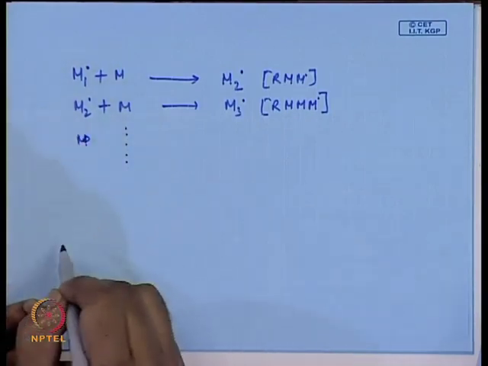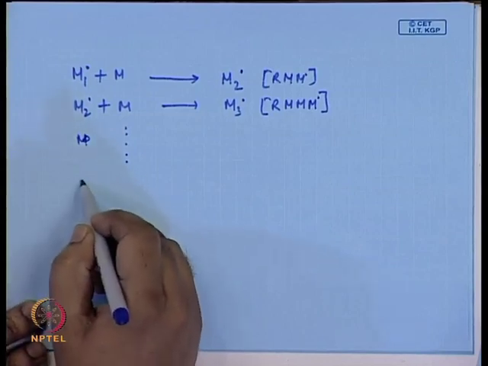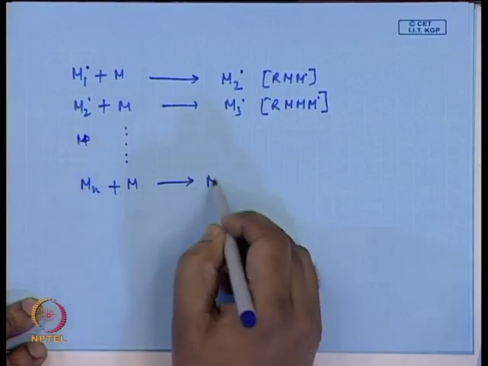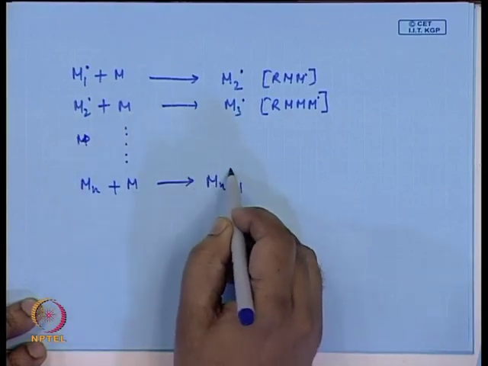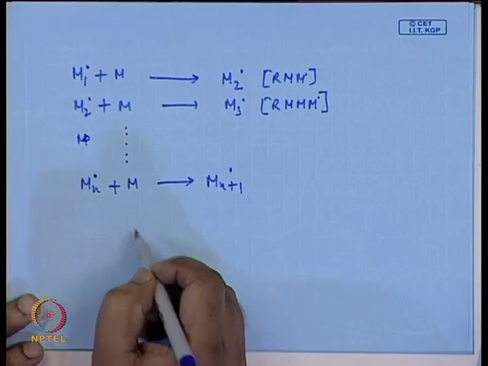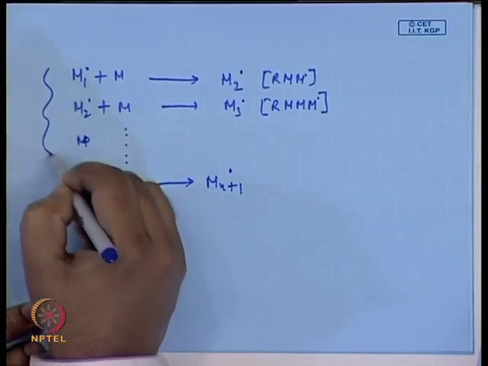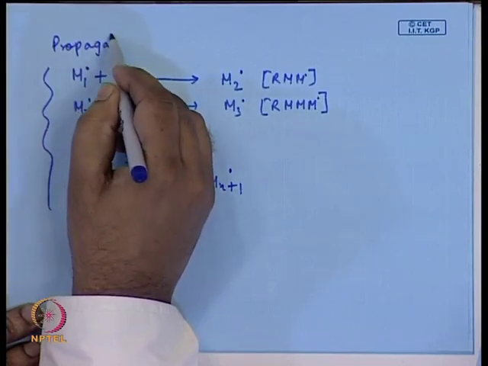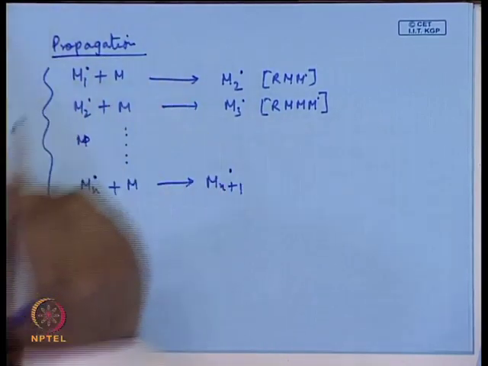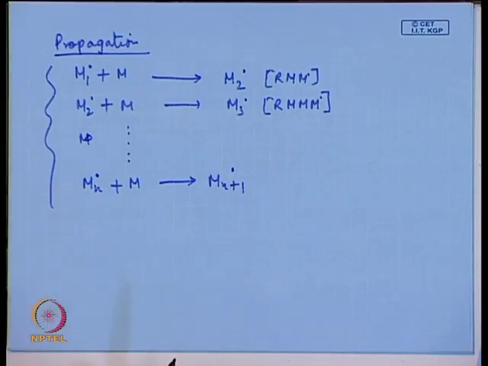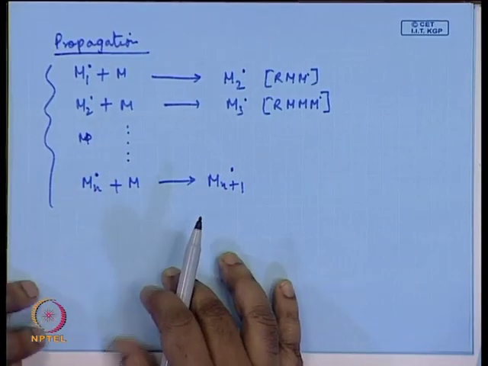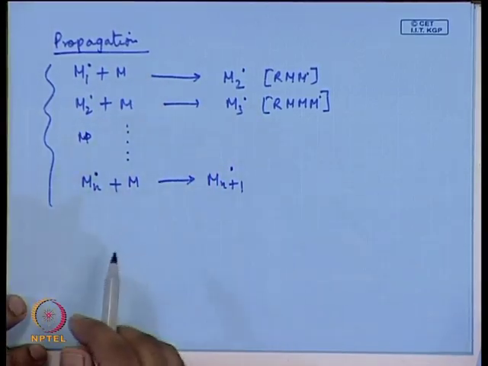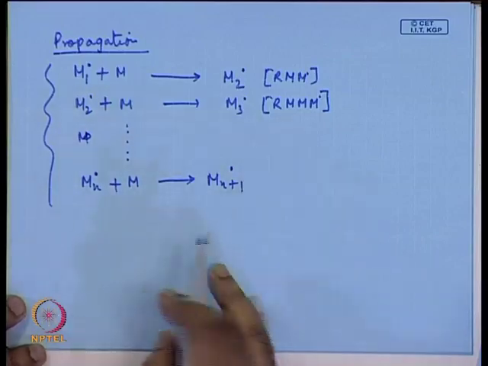You can write many steps, and in general I can write Mn dot. Now, these steps are part of propagation. So, we had initiation on the earlier page. Now, we know propagation and this can undergo termination, the third step, which we will talk about in a minute.